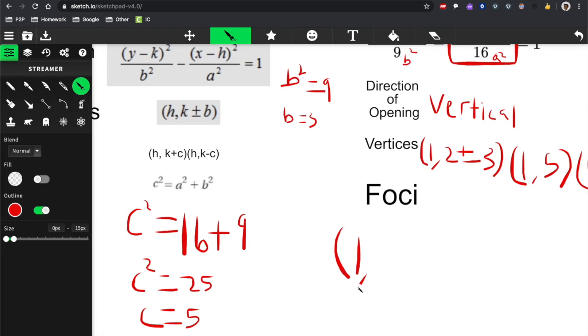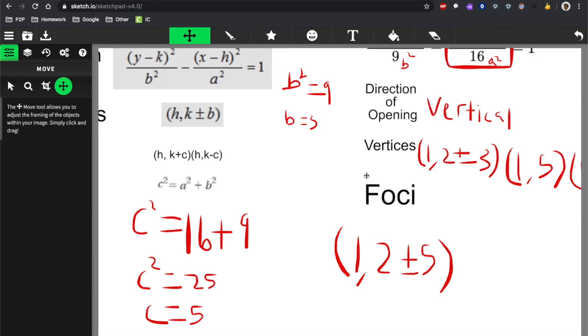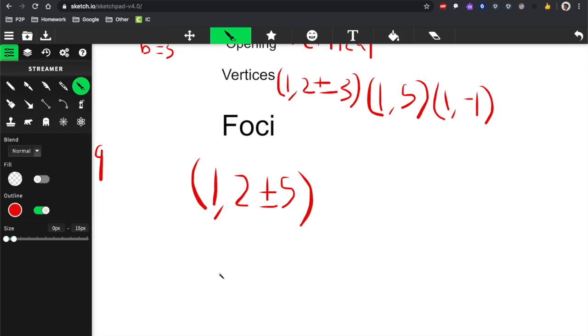Okay, 1 comma 2 plus or minus our c value, which is 5. And just like that, we found our foci. And to simplify this out a little bit, 2 plus 5 is 7. We get the point 1 comma 7, and we do 2 minus 5, we get 1 comma minus 3.